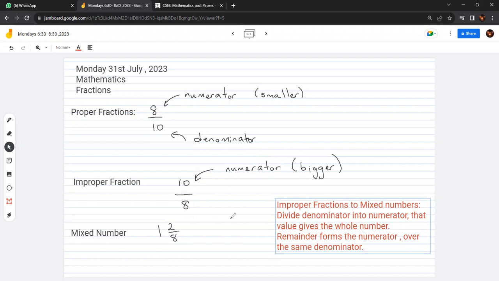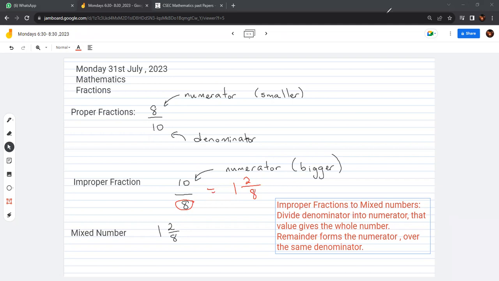So if I had to change ten over 8 into a mixed number, we're going to see how many times 8 could fit into 10. 8 could fit into 10 once. And you have a remainder, 8, 9, 10, of 2. So the remainder is going to form your numerator, over the same denominator.